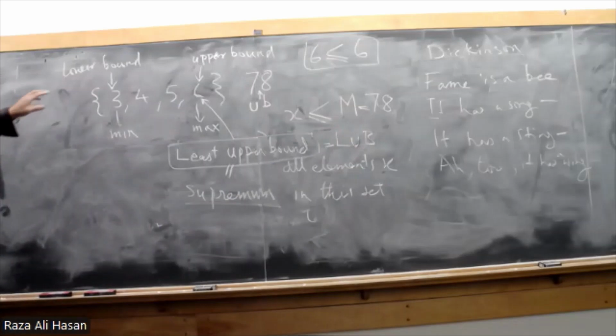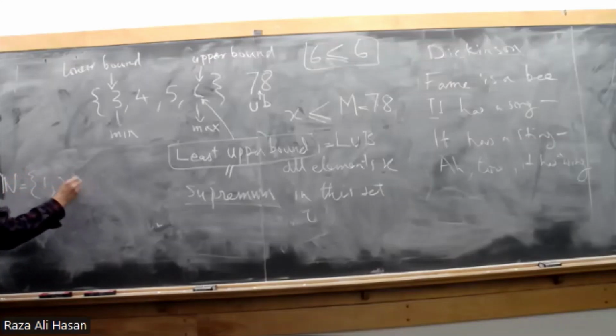Okay, now this guy is the lower bound. Are there any other lower bounds? Is 0 a lower bound? Imagine a world in which only natural numbers exist, this special set called the set of natural numbers.